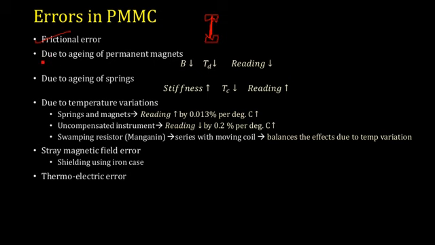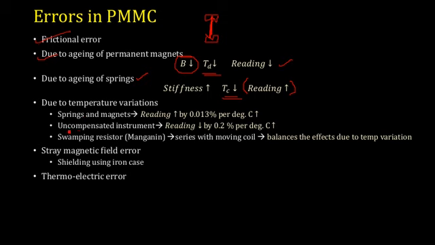Due to aging of the permanent magnets, the flux density reduces, which reduces the deflection torque, and hence the reading will get affected. And due to aging of springs, the stiffness of the springs increases, which reduces the controlling torque and inherently increases the reading. So aging of permanent magnets reduces the reading, and aging of springs increases the reading.